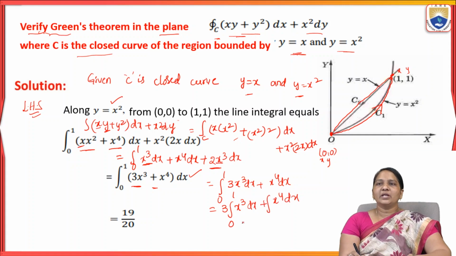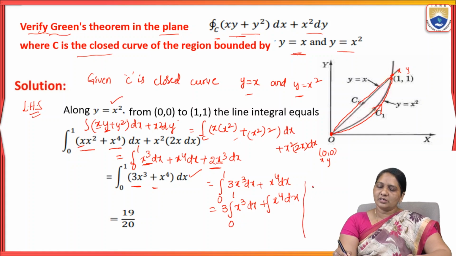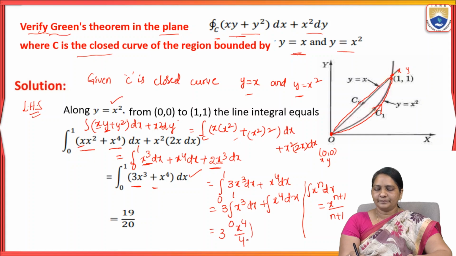Now we know the integration formula, right? Integral x power n dx is equal to x power n plus 1 by n plus 1. So 3 integral x cube is x power 4 by 4, plus integral x power 4 is x power 5 by 5. Now the limits are 0 to 1.